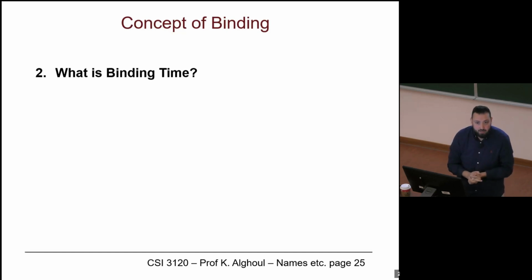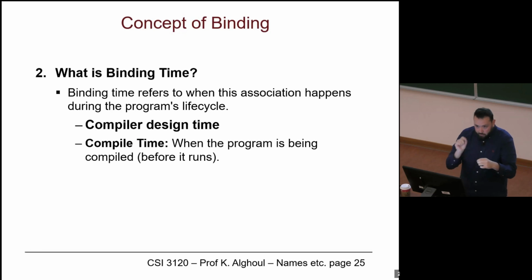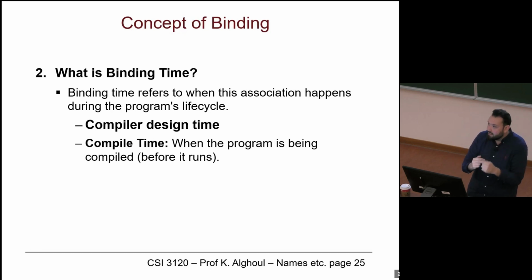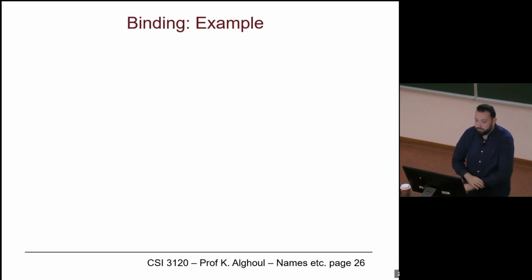Why is it important? Because it's going to show us whether it was done at the compiler design time, or at the compile time, actually when you hit compile, that's where the binding is happening, or at the execution time, for example, the runtime. We're going to see some examples.